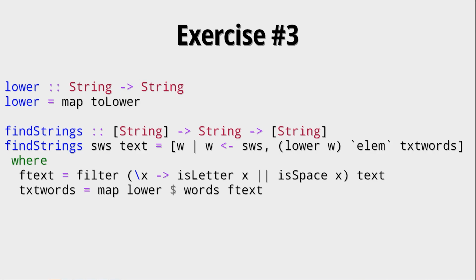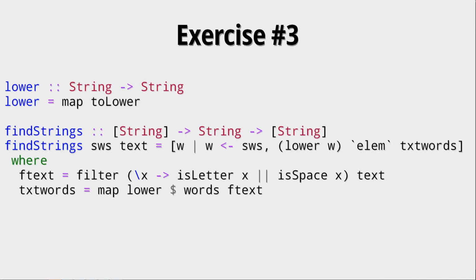Every time you want to use a function from any module, you can use Hoogle, for example, to search for functions that you might not know. So when I prepared this exercise, I didn't know that toLower actually existed, and I found that out. Okay. And actually, I also use isLetter and isSpace, also from the Data.Char module.